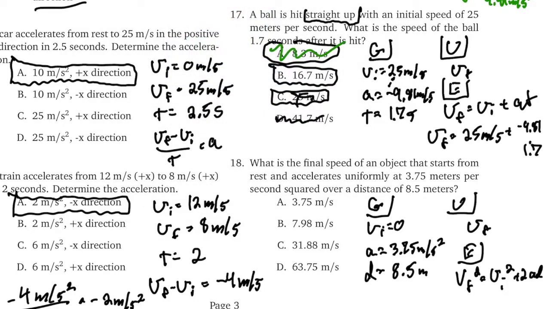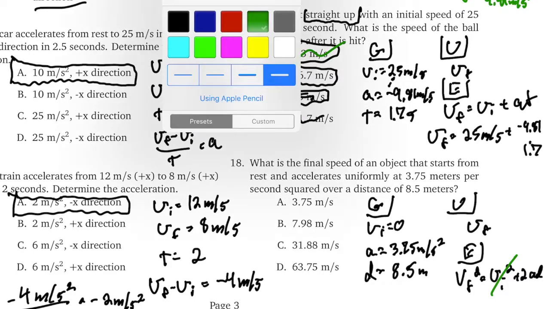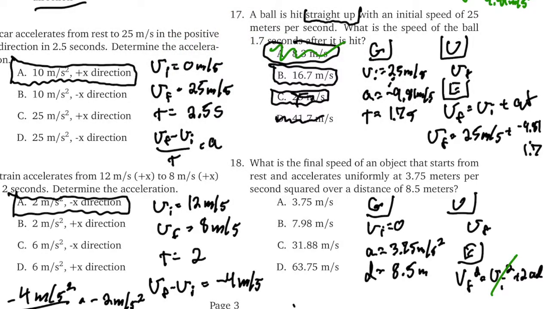Again, I can cross out V initial because it's equal to 0. I will then solve this for V final. And I plug in my numbers, 2 times 8.5 meters times 3.25 meters per second squared. And I get that the answer is B.